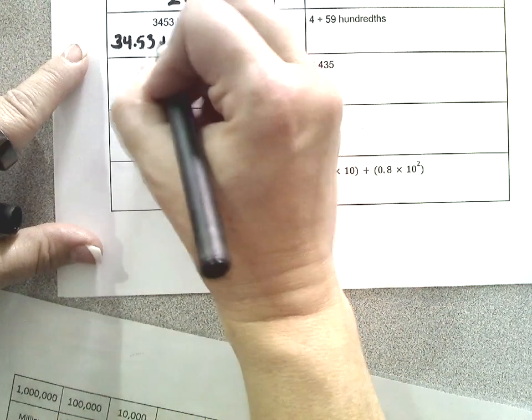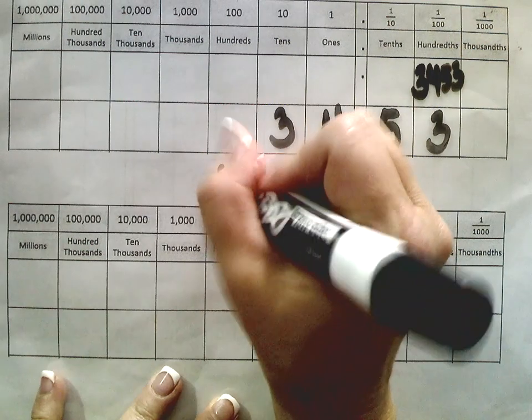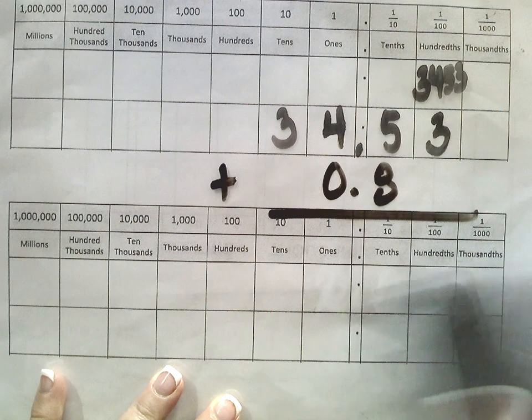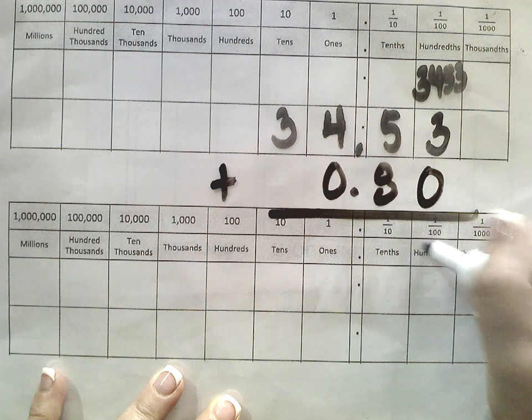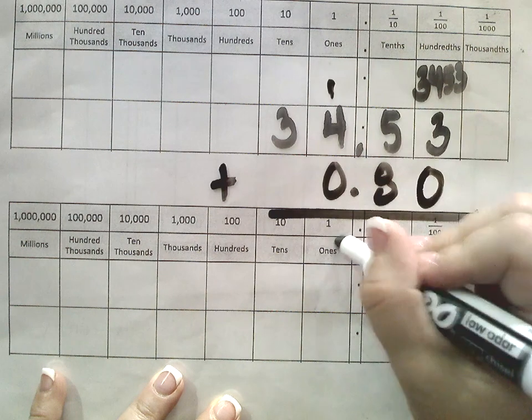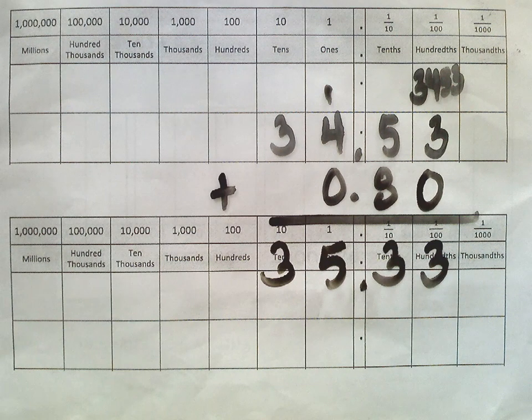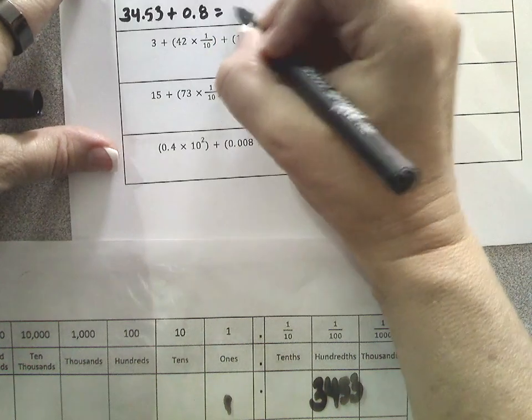Now I've got to add 8/10 to it. So I'm going to go ahead and do plus 0 and 8/10. I'm going to add my place zeros. So it is 35 and 33/100.